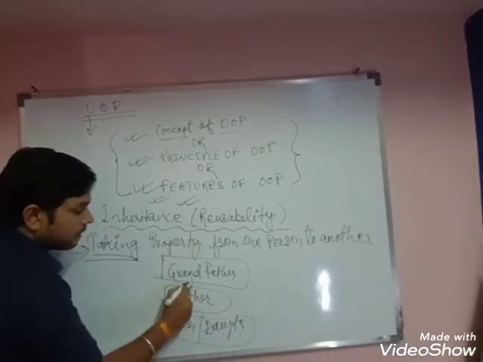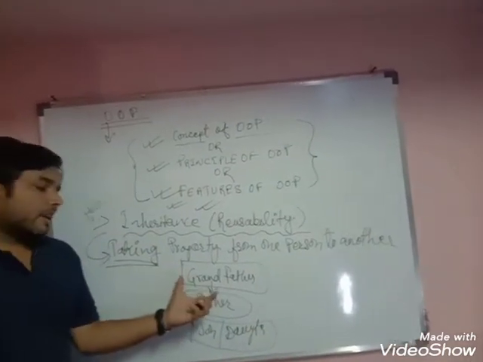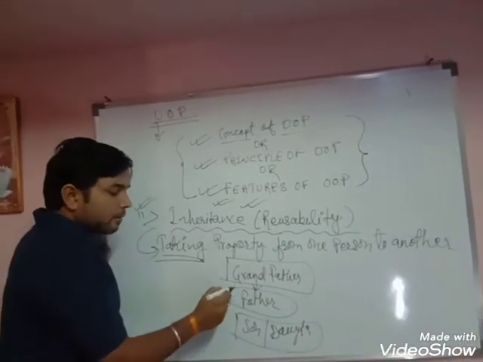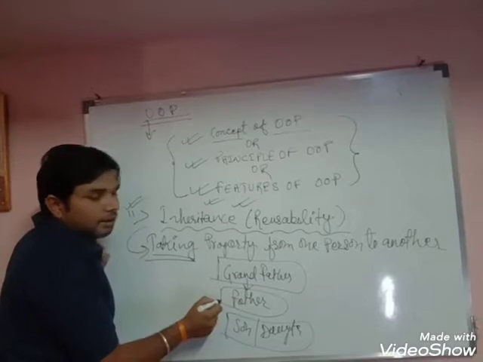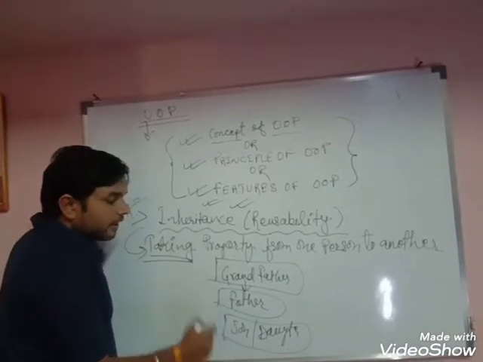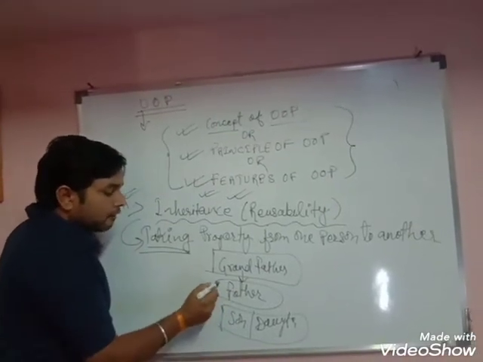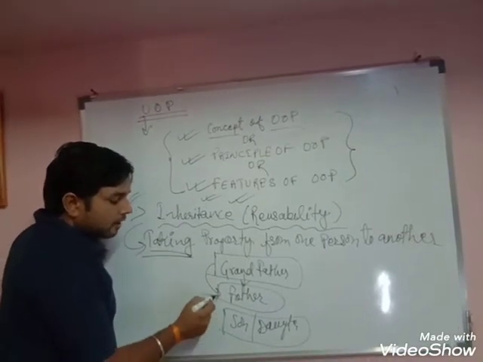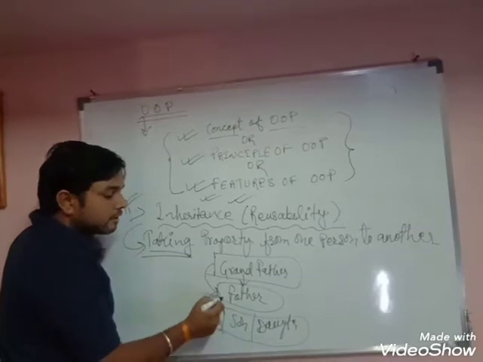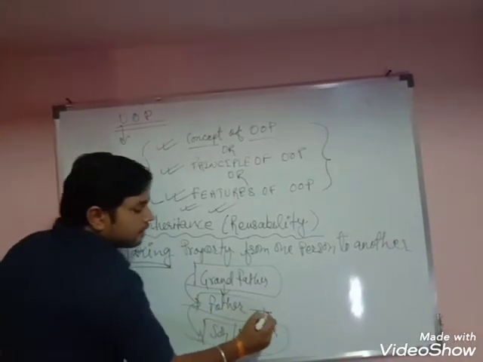So if I come to inheritance, the father has the property of the grandfather and the son or daughter has the property of the father. This is called inheritance, meaning the father takes property from the grandfather and the son takes property from the father. This doesn't mean that the father doesn't have his own properties.